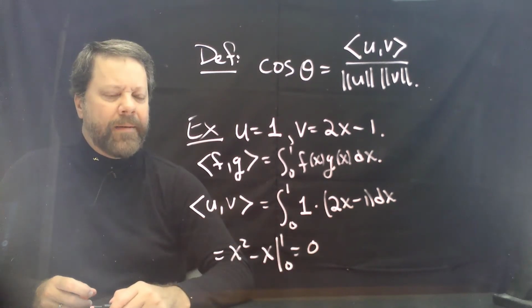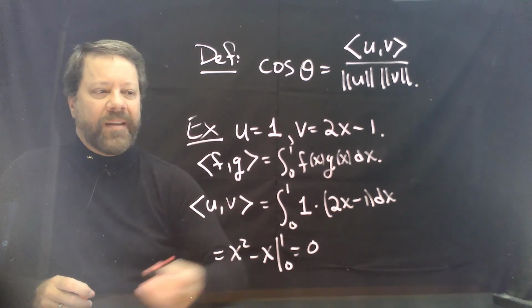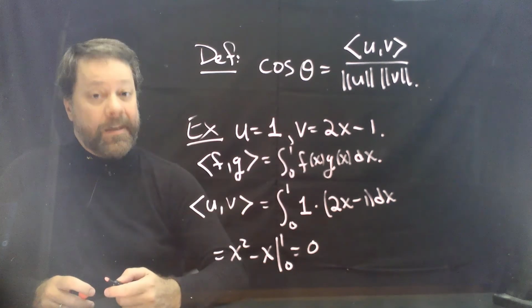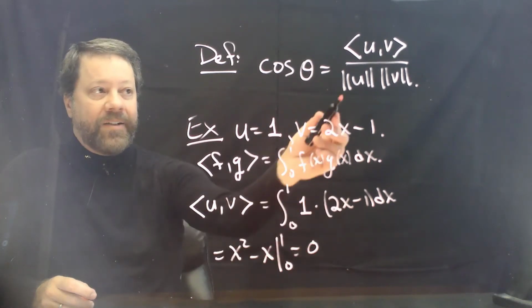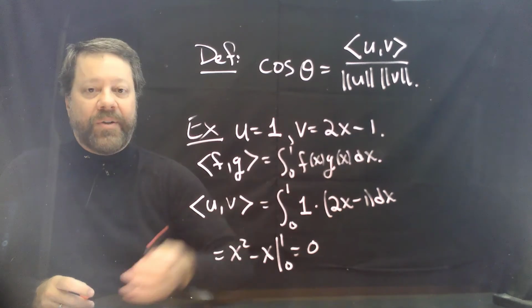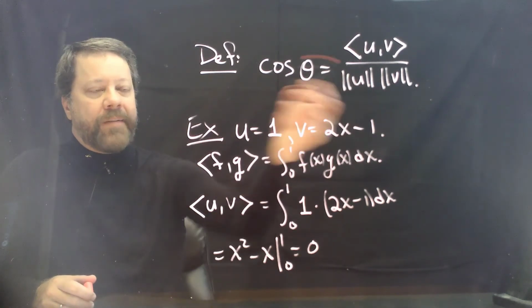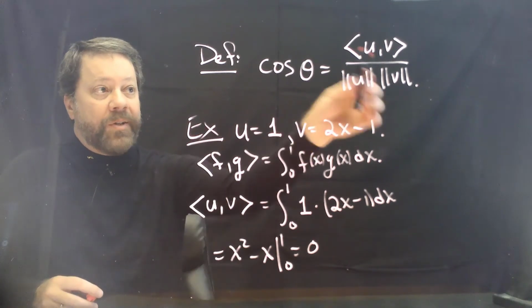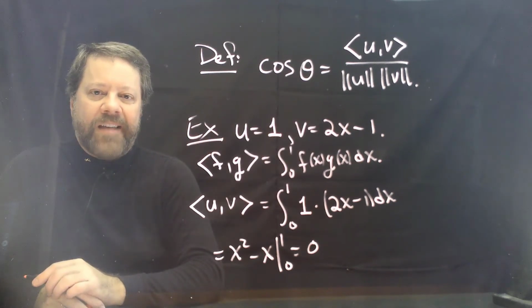Ooh, what does it mean that the numerator is 0? You can easily check that when you calculate the norm in the denominator by integrating 1 times 1, you get something other than 0 in each of those denominators. So it's 0 divided by something non-zero, which means the ratio will be 0. For what angles is cosine theta equal to 0?